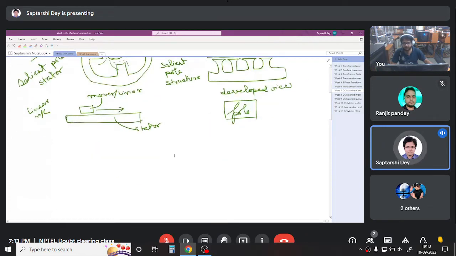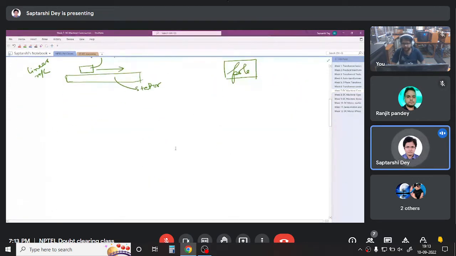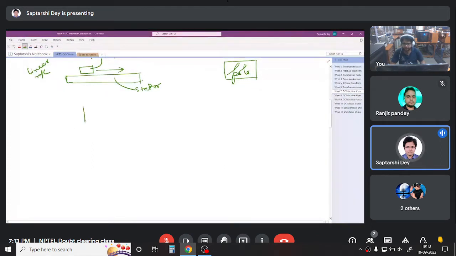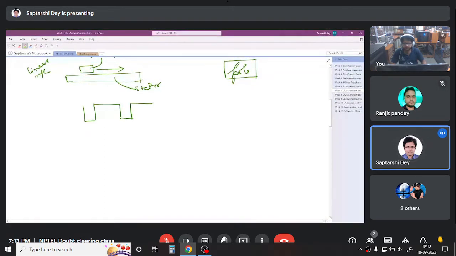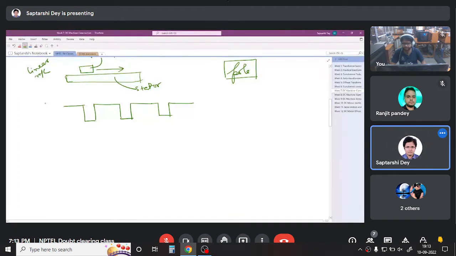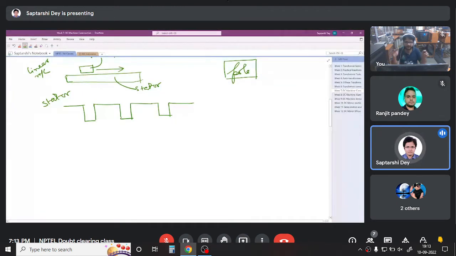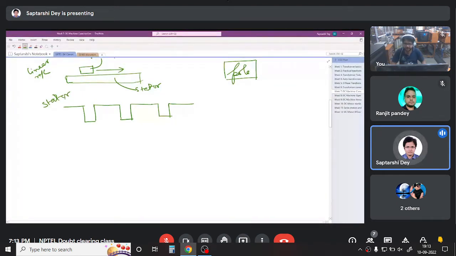Okay, now since you talked about air gap, from now on I will draw only the developed view. That is easy to draw and easy to understand the working. So this is the stator of a DC machine. I have cut it and laid it flat. These are the teeth.